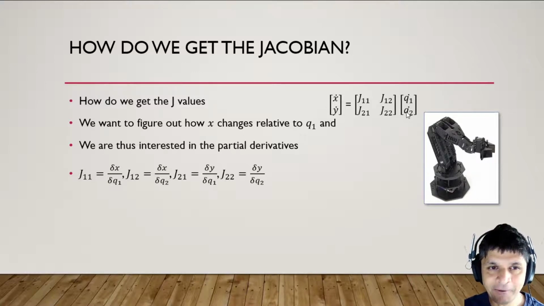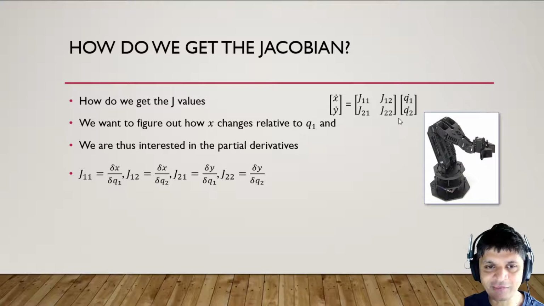Now if we think about this, that's basically saying that j11 is sort of the extent to which a change in q1 affects or causes a change in x. And j12 is the extent to which a change in q2 causes a change in x. Right? Simply because that's how the linear algebra works out.